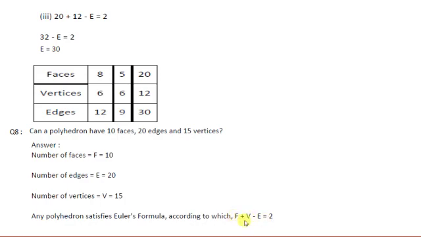F 10 है, V 15 है, तो 10 प्लस 15, 25 और माइनस E जो कि 20 है. तो 25 माइनस 20 कितना हो गया? 5. 25 minus 20 is 5, which is not equal to 2.